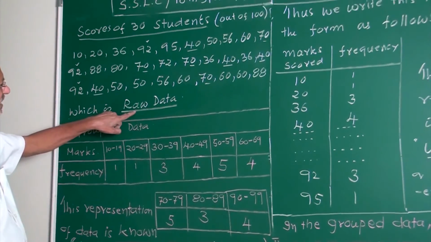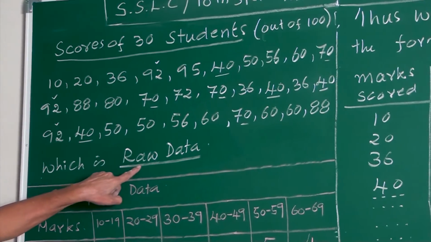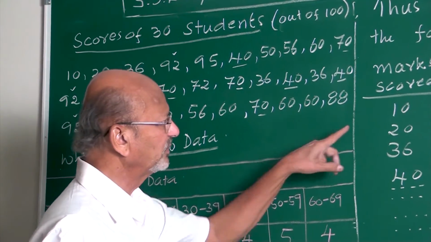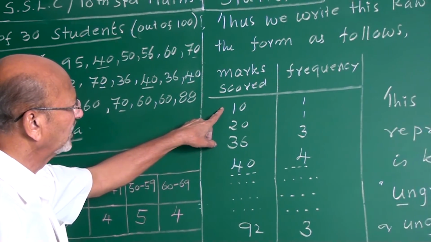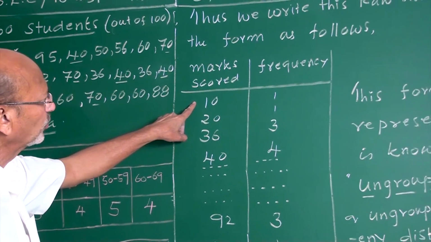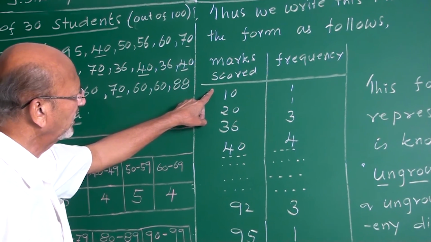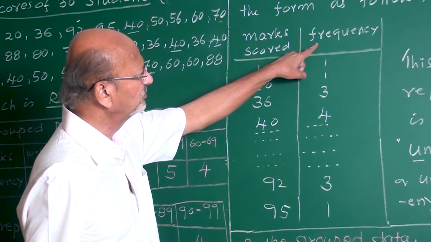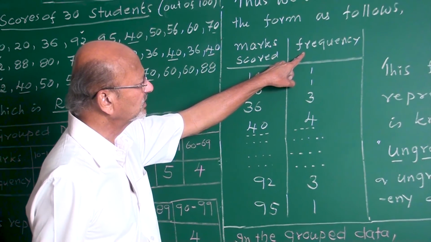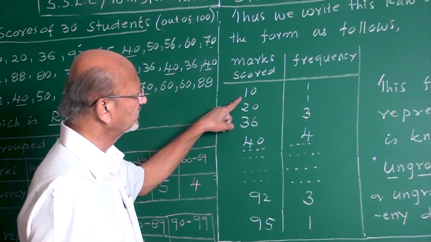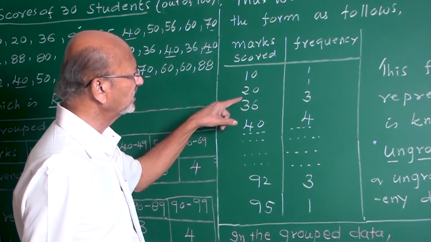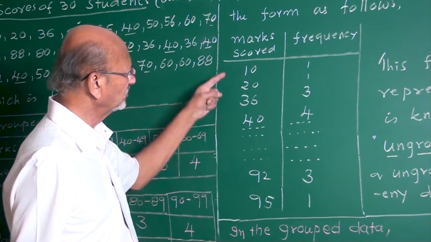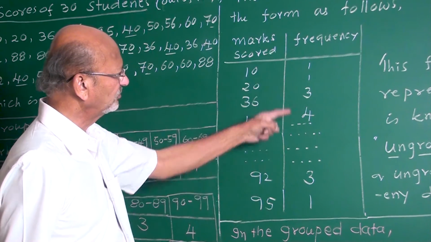This form is raw data. This raw data we represented in the second form. Here we have created 2 columns. First column, marks obtained. Next, frequency. Frequency means the number of students who scored 10, the number of students who scored 20, like that. We have written marks scored and frequency.